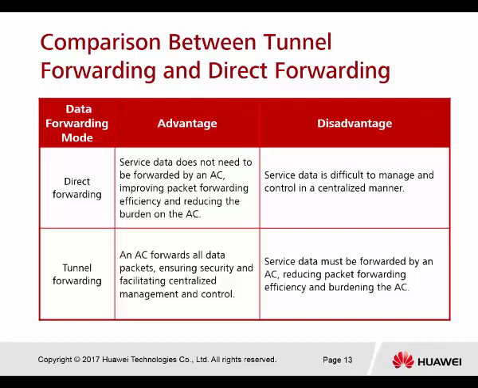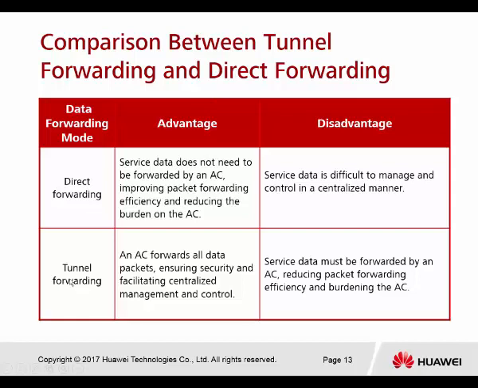What is the disadvantage? The service data is difficult to manage and control in a centralized manner. So right now the packet bypasses the AC, so that means you can't use the controller to control the user data, so you have to rely on the firewall.